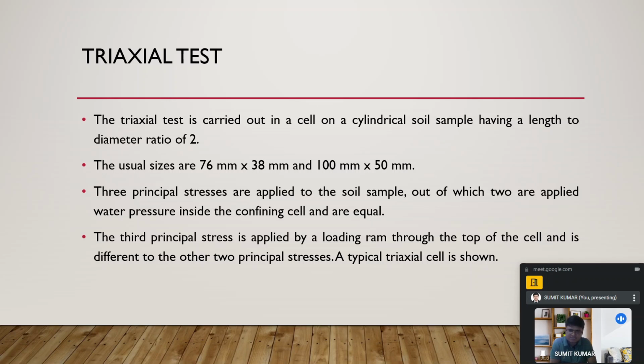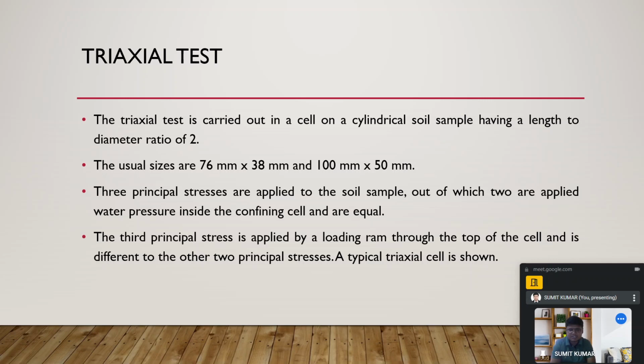You should understand this point: the confining pressure may be applied by different liquids, but we usually use water. The third principal stress is applied by the loading ram through the top of the cell and is different from the other two principal stresses.